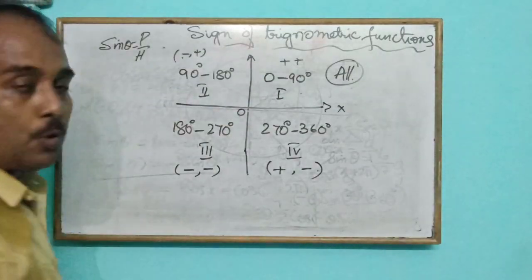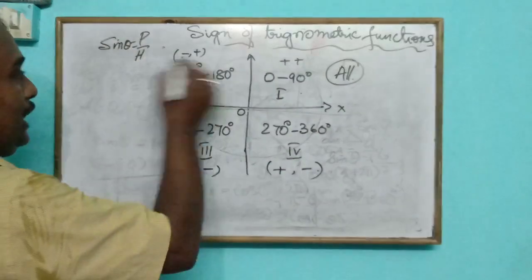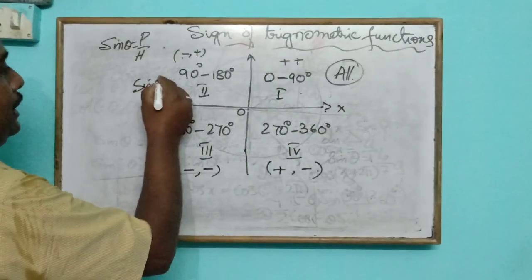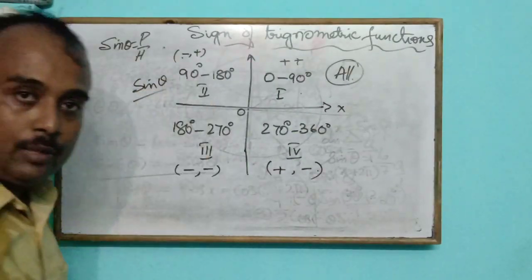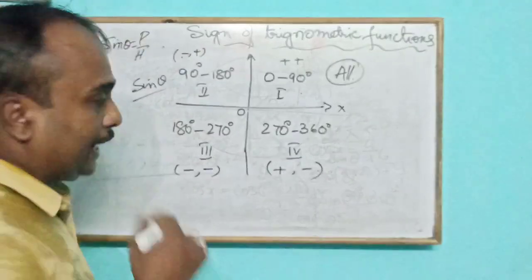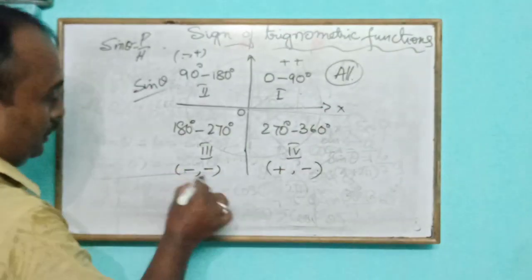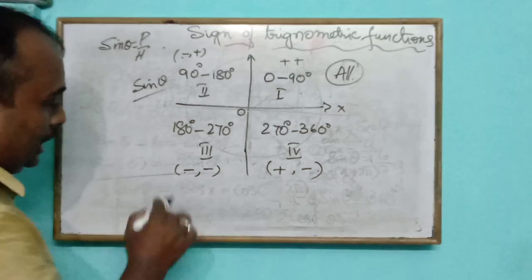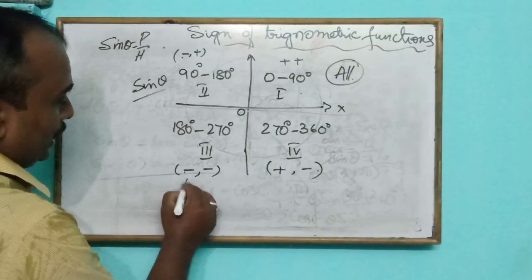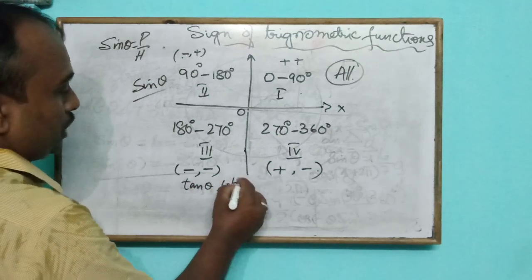So if perpendicular is positive, sine theta will be positive, and then cosec theta will also be positive. The rest of the 4 trigonometric ratios will be negative. Here both sine and cos will be negative. If sine and cos both are negative, then tan theta and cot theta are positive.